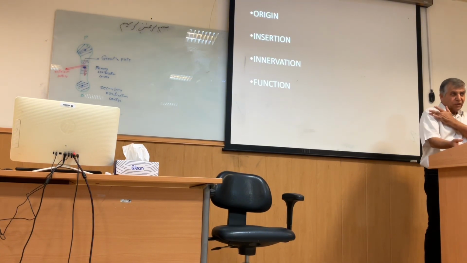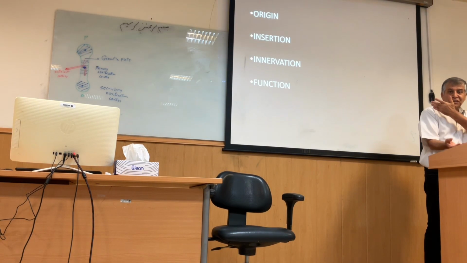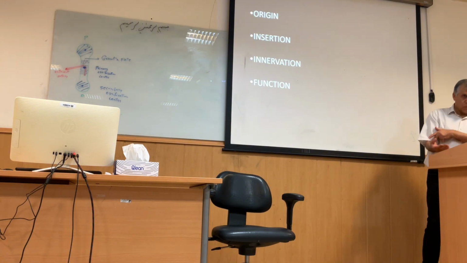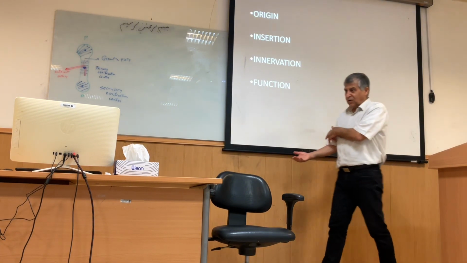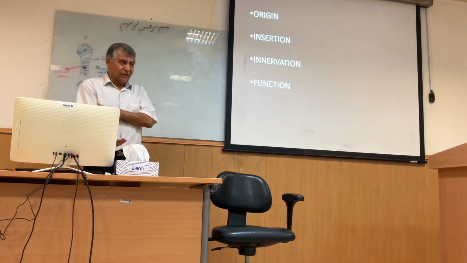For example, brachioradialis, biceps brachii. Okay? Origin is above, insertion below. Origin is far from the joint. Insertion is near the joint.